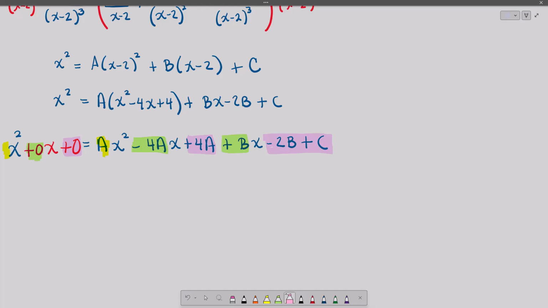So 0 minus 2. Plug in 2. Yeah, that's right. And 1 equals A minus B. So once you figure out C, now you're just going to be plugging it in.